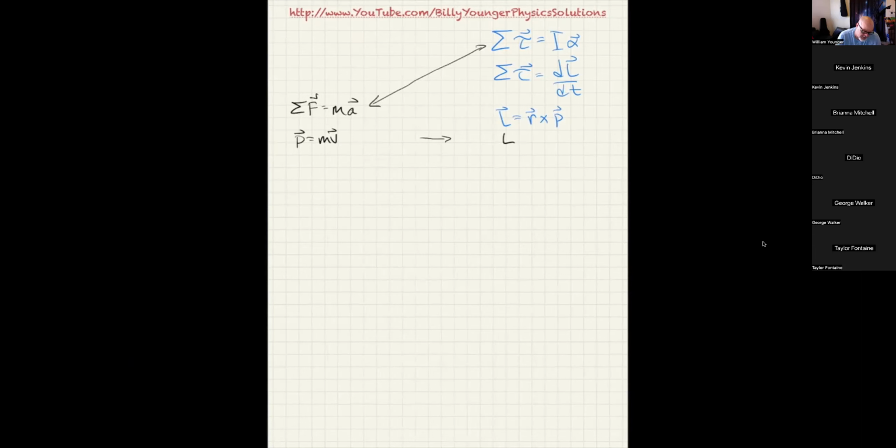So what's analogous to mass in rotational motion? How about what's analogous to A in rotational motion? Torque. The torque is the analog to force.